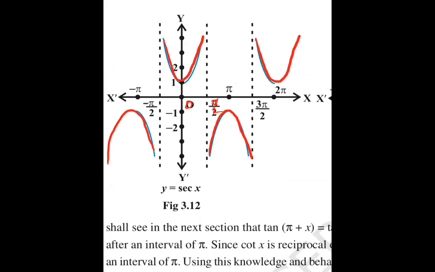Upper U, lower U: between minus pi by 2 to plus pi by 2, between pi by 2 to 3 pi by 2, between 3 pi by 2 to 5 pi by 2. That is the graph of sec x.